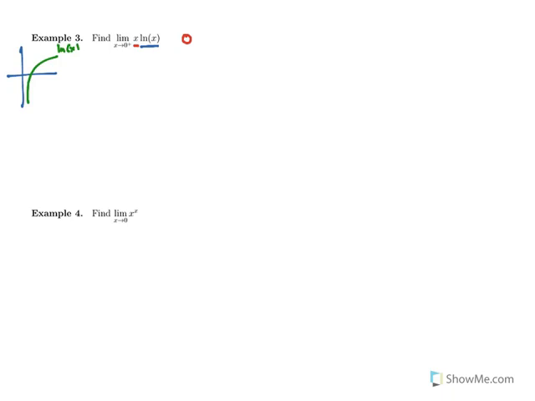And as we approach 0, we are going down to negative infinity. So this is like 0 times negative infinity, or it's 0 times infinity. And that is an indeterminate form, but we cannot use L'Hopital's rule yet.